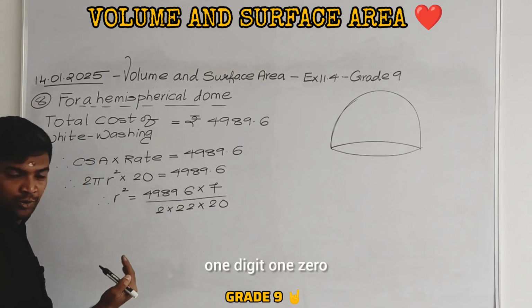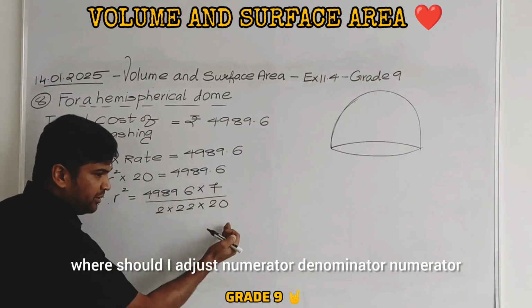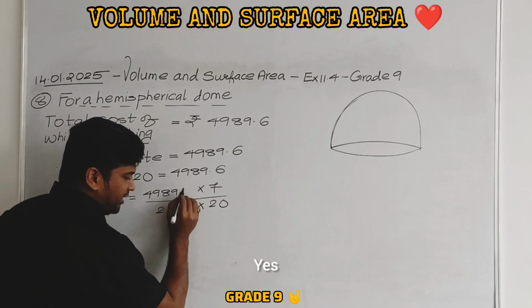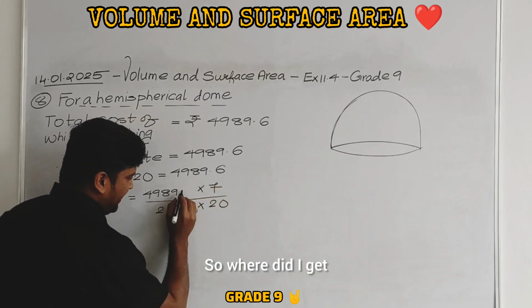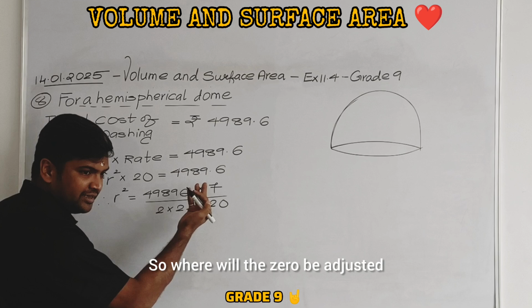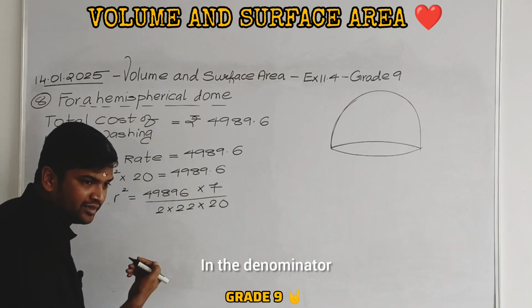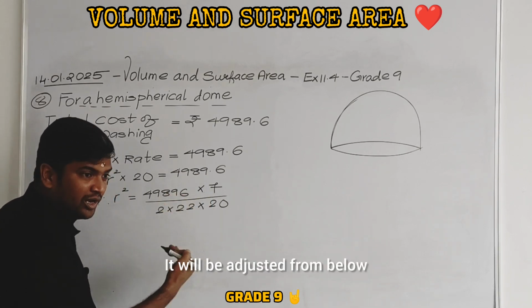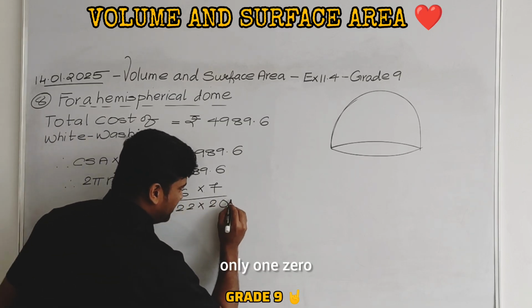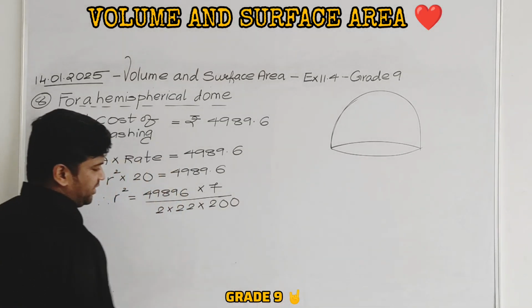One only zero. Where should I adjust? Numerator, denominator? 4989.6 होतं, 49896 केलं, तर डेसिमल न्यूमरेटर वरनं काढला. तर झिरो denominator मध्ये ऍडजस्ट होणार. Only one zero. So I'll just make it 200.